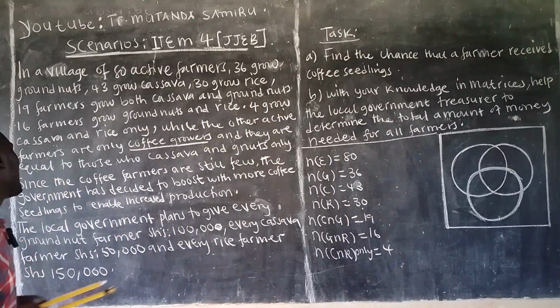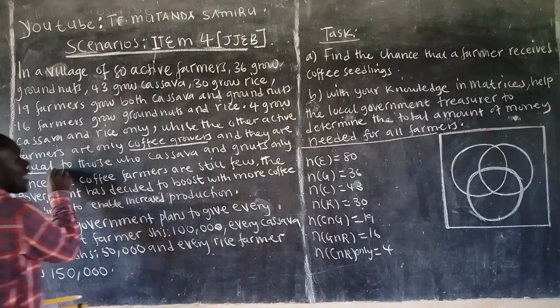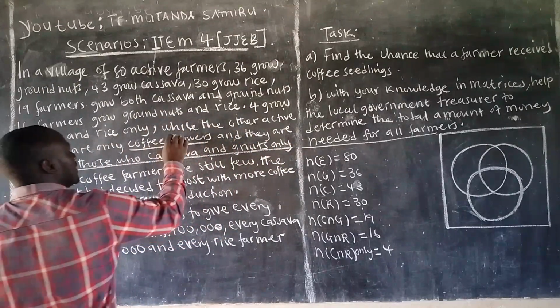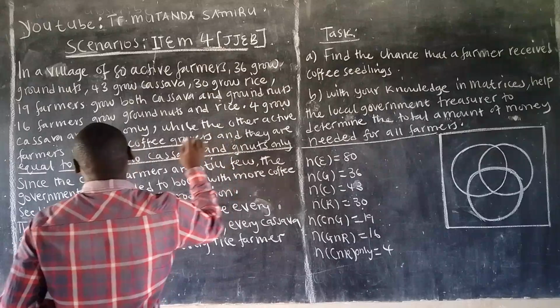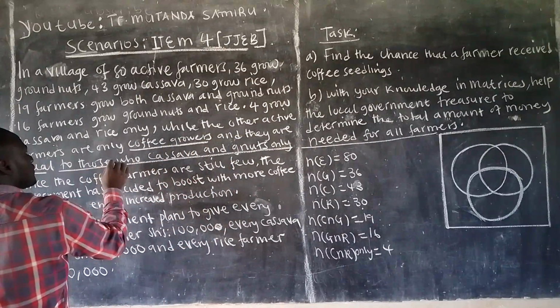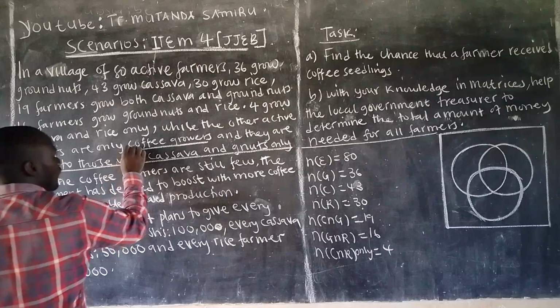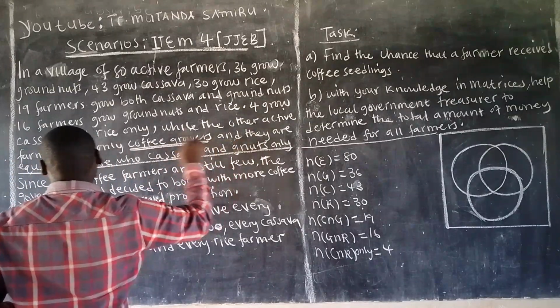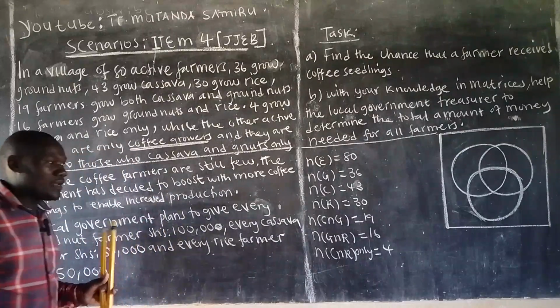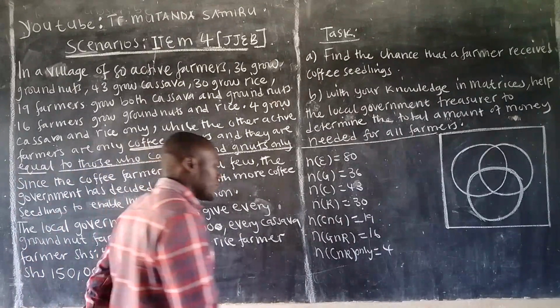And they are equal. Now you see, this is the logic part. And they are equal to those who grow nuts only. And they are equal. Now it means that the coffee growers are equal to those who grow cassava only. Take note. Remember the coffee growers, I will maybe write this for you.